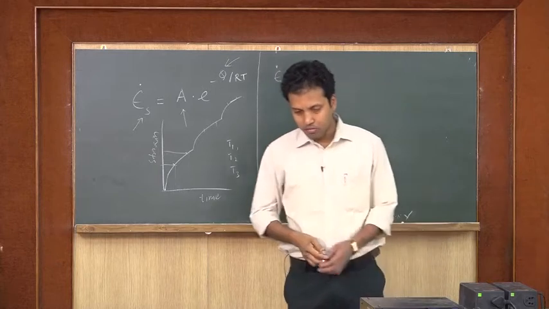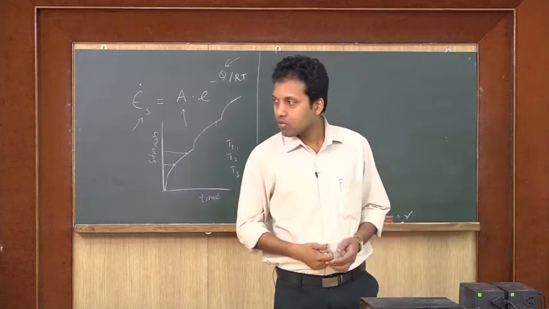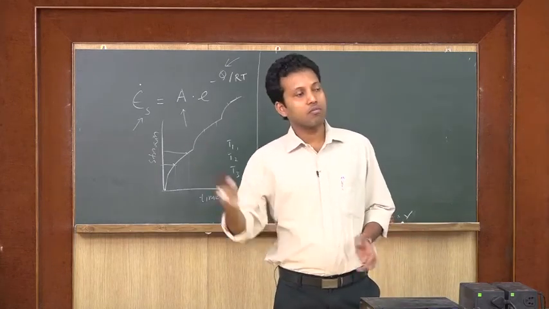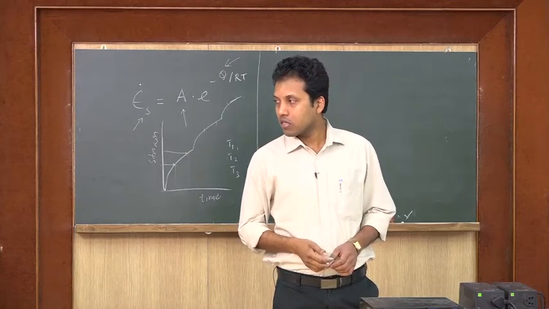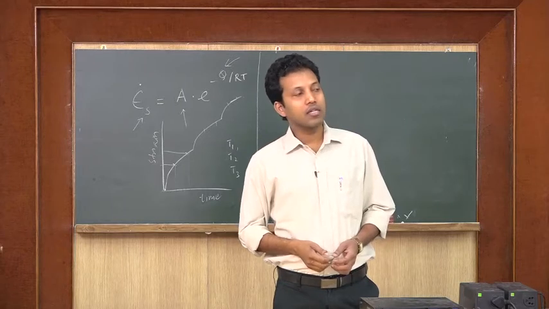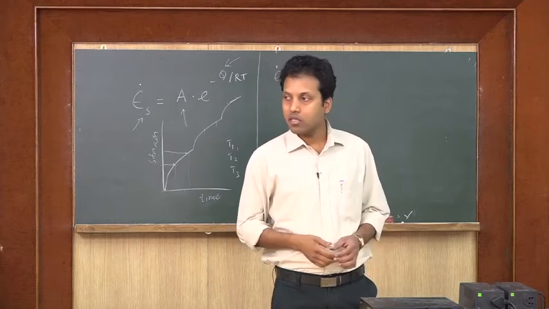Also, we have software, Excel, Origin, anywhere we fit these curves, by which we can differentiate the curve, and if I differentiate, then we will have the rate curve, isn't it.